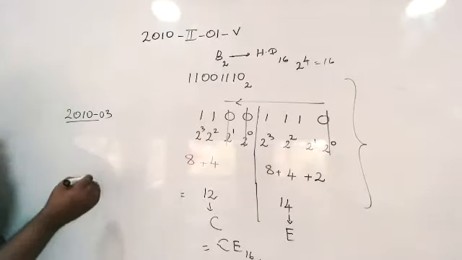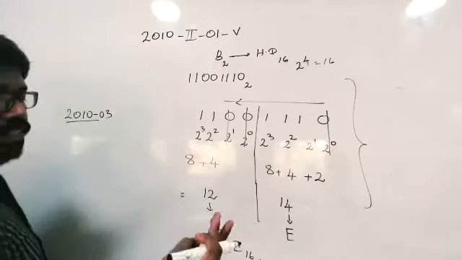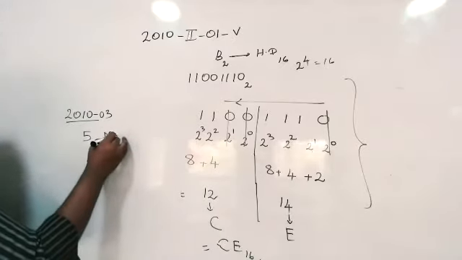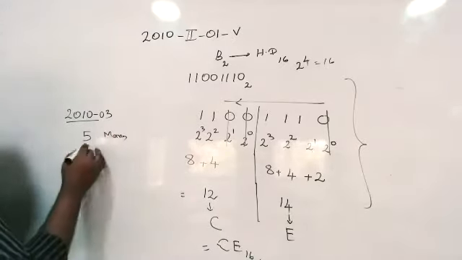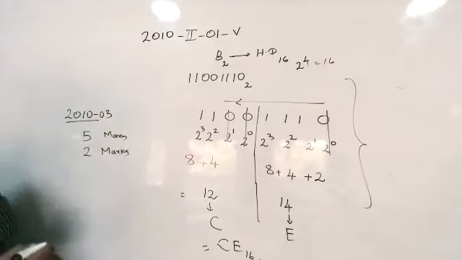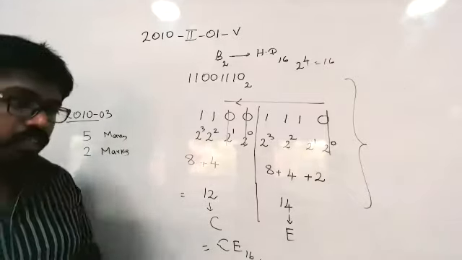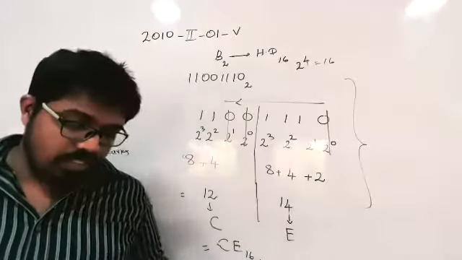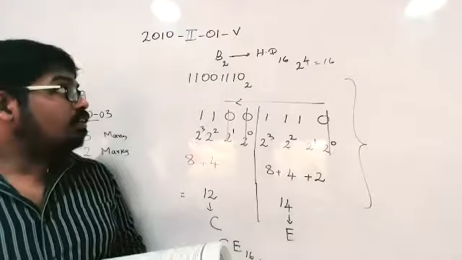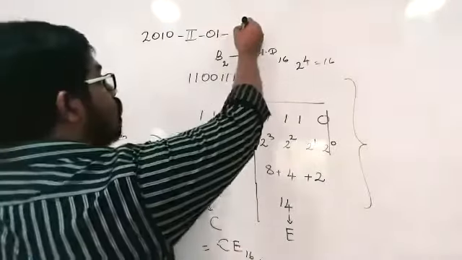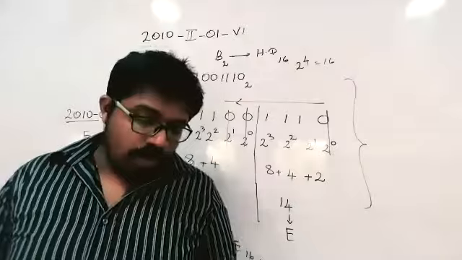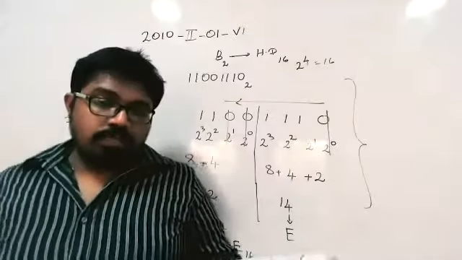In unit 3, we have question numbers 6, 7, 8, 9, 10. 5 M.C.Q questions, 5 marks. Now it is 2 marks, right? Not yet over, right? Part 6 also is a question from the same unit. Now I will consider part 6, 2010, part 2, question number 1, part 6.